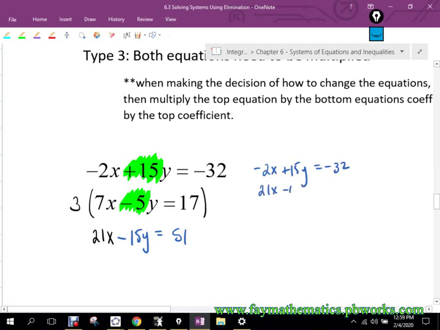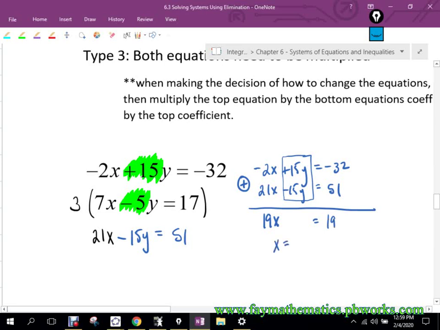I have 21x minus 15y equals 51. Like I said, I'm always going to add straight down. So what's negative 2x plus 21x? 19x. Hopefully you see here the purpose of why we multiplied by 3 then, because those are opposites. What does negative 32 plus 51 turn into? 19.